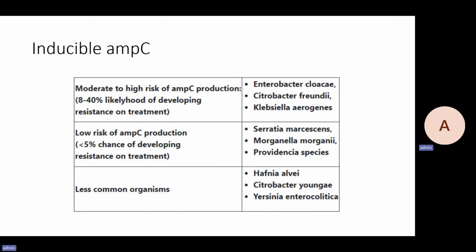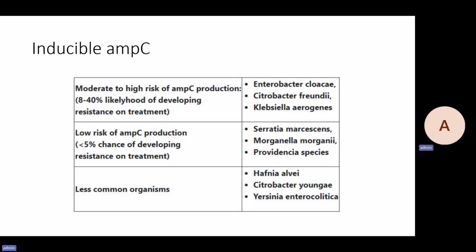This slide is based on IDSA guideline. So IDSA divided the bacteria which are inducible AmpC producers into three groups. First group, there is a high likelihood that they will produce AmpC if you induce them. So likelihood can go up to 40%, a 40% chance of treatment failure because of AmpC production.